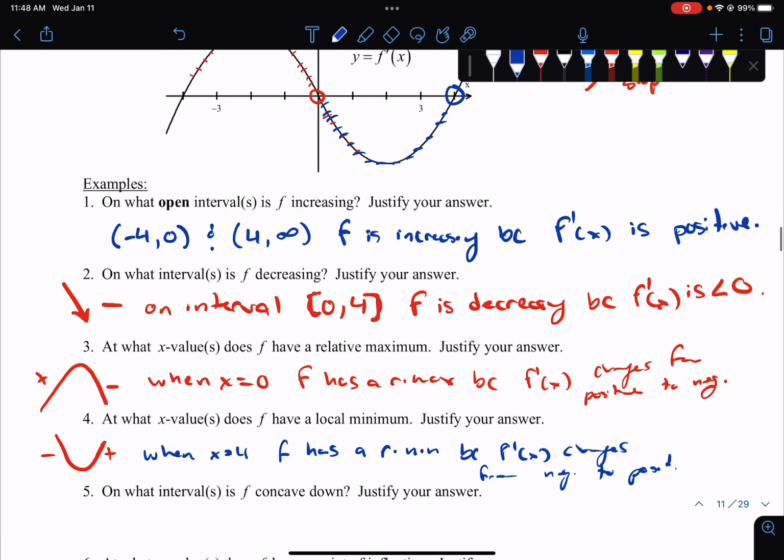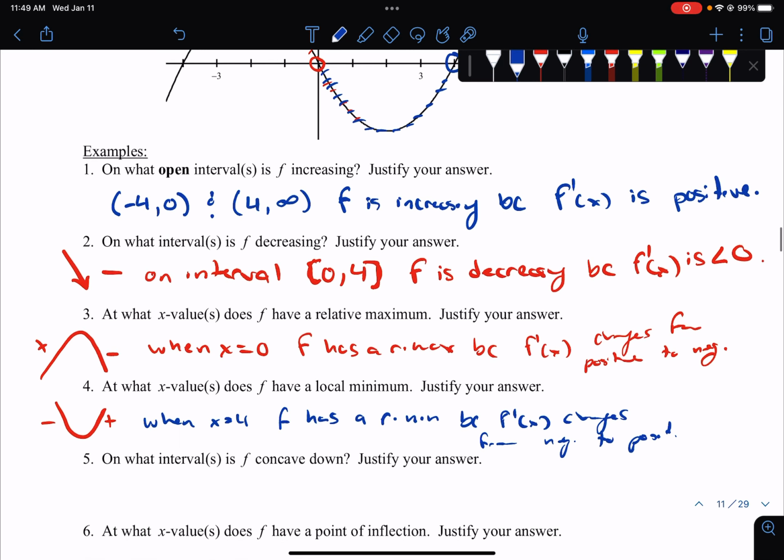Number 5, on what interval is f concave down? All right, so again, I want to try to visualize what's happening in my original function. To be concave down, right? If my function is concave down, it looks something like this. And we know a little bit about concavity when we're dealing with f double prime.